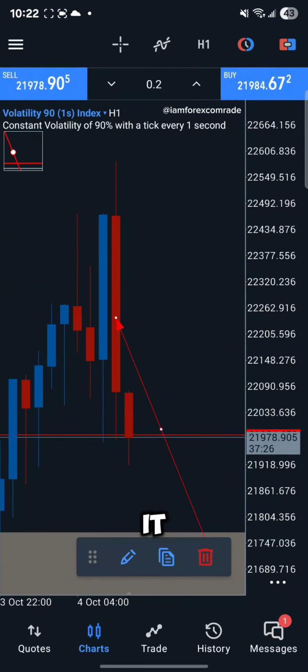That big candle signaled that the market was going to retrace back to that fair value gap.